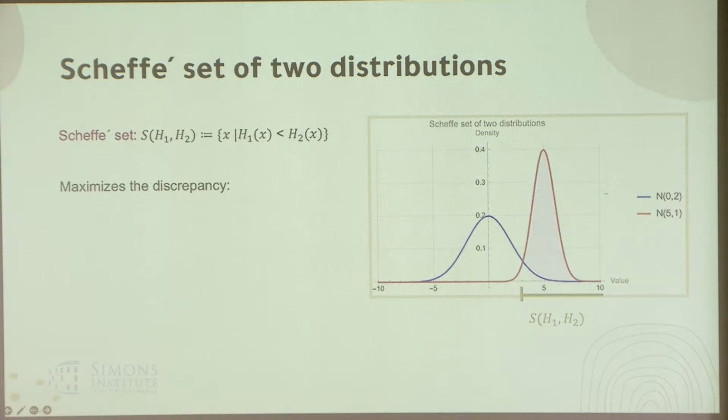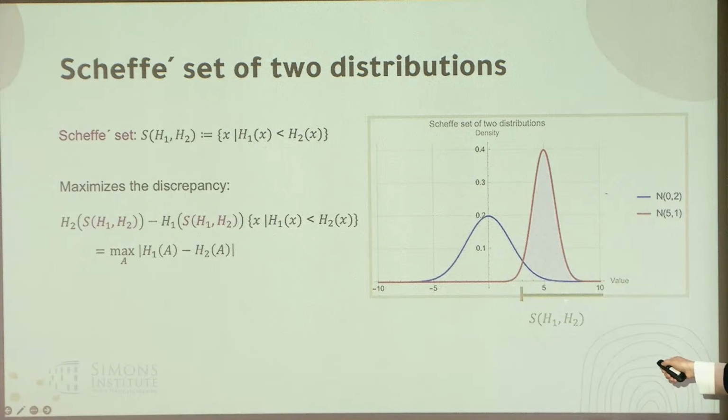What is nice about this Scheffé set is that this is the set that achieves the total variation distance. If we look at the probability that these 2 distributions assign to this set, the discrepancy between those 2 probabilities is exactly equal to the maximum possible discrepancy, and this is exactly the TV distance of 2 distributions.